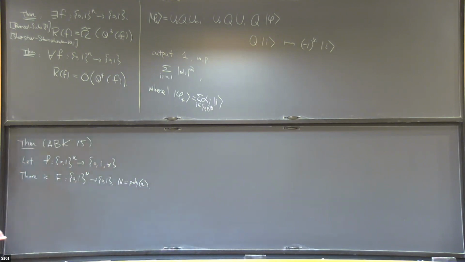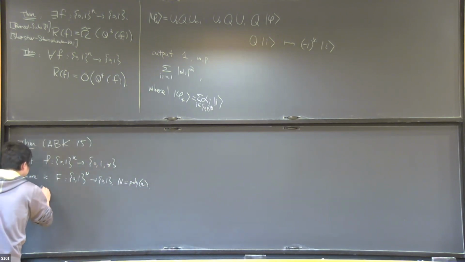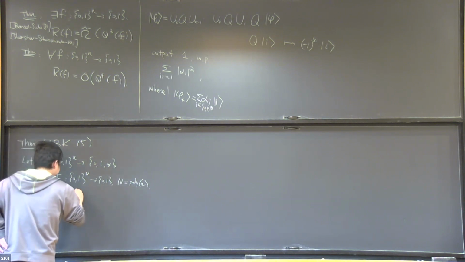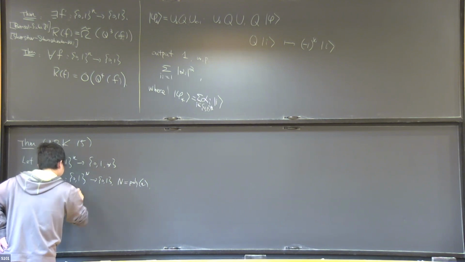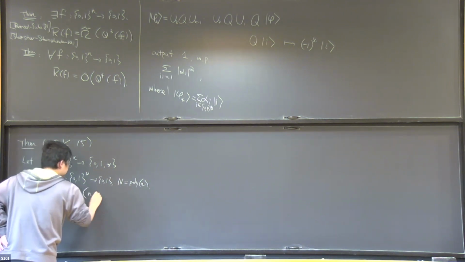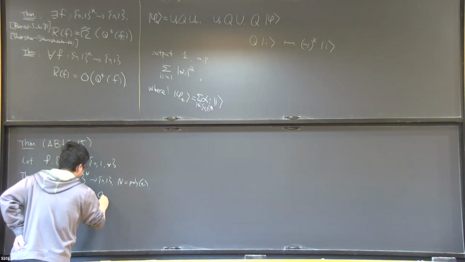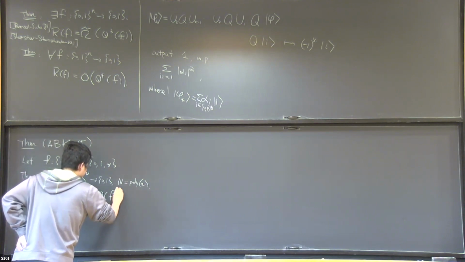In the new function, its quantum query complexity is something like little n times the quantum query complexity of your partial function.